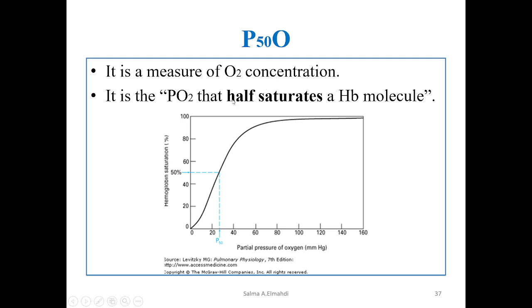It is the partial pressure of oxygen that helps saturate the hemoglobin molecule. So it is the partial pressure of oxygen at which 50% of the hemoglobin will be saturated. So if we plot the partial pressure of oxygen from 0 to 160 millimeters of mercury, and here we have hemoglobin saturation from 0 to 100, the partial pressure that saturates half of the hemoglobin is called the P50.